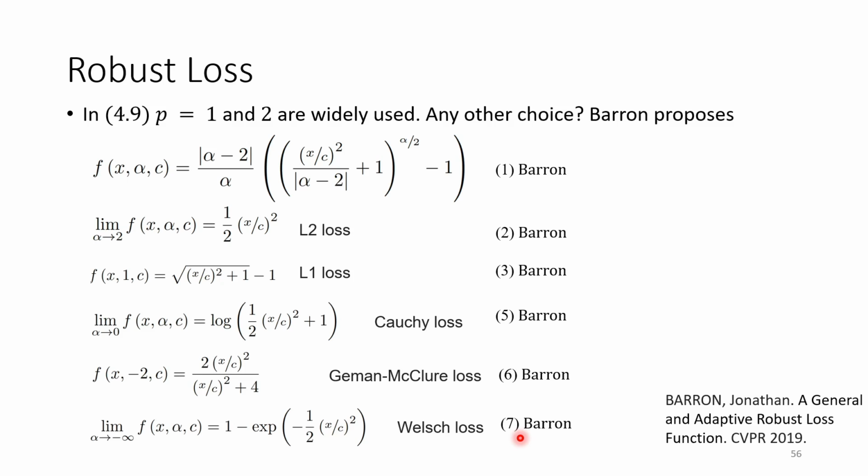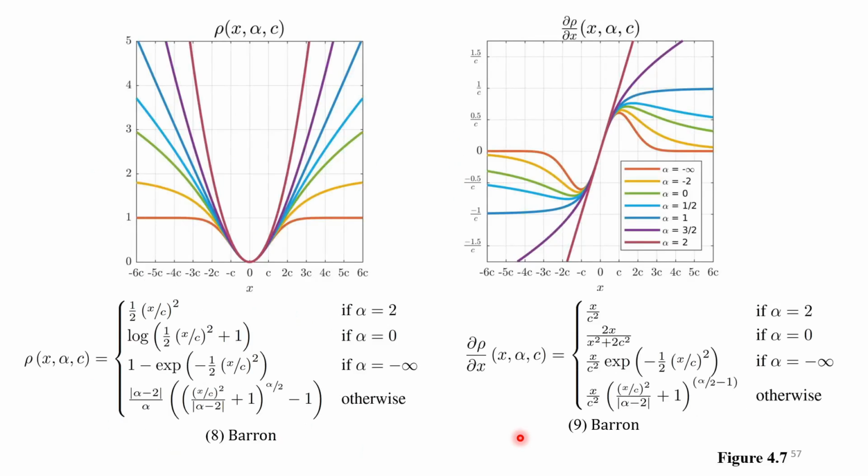And you will see these two figures in our textbook. So there are different curves. For alpha equals 2, the curve looks like this, right? And for alpha equal to 0, it will be another curve.